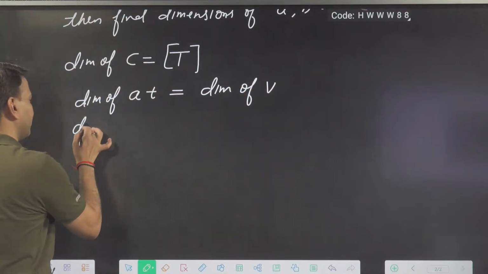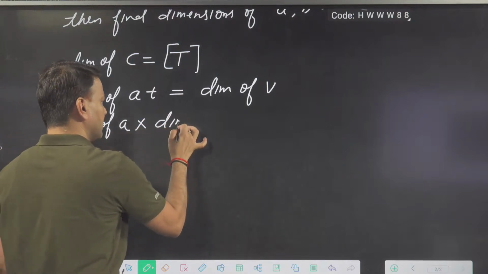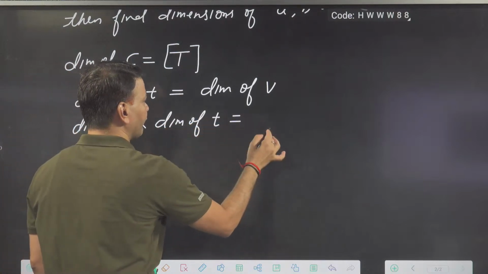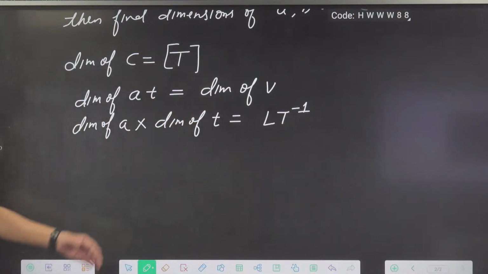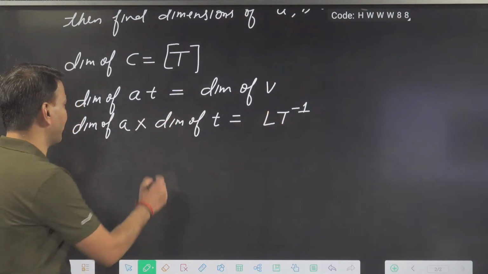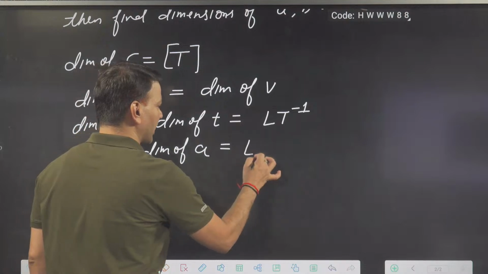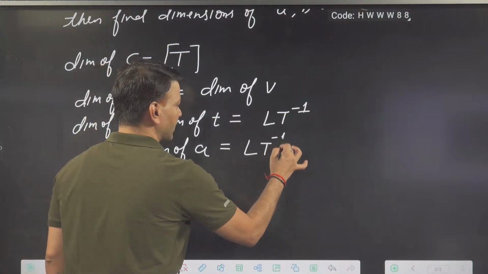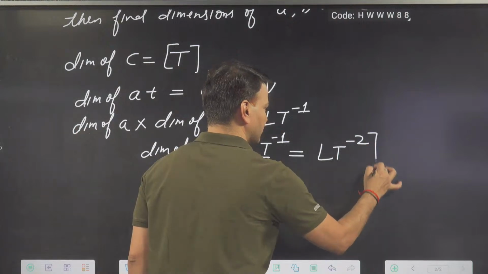Now dimension of AT means dimension of A into dimension of T, that is equal to dimension of V. Velocity dimension is LT minus 1. Now here dimension of T is T, then it will go down to the denominator. Then dimension of A is equal to LT minus 1 upon T, that you will say LT minus 2.